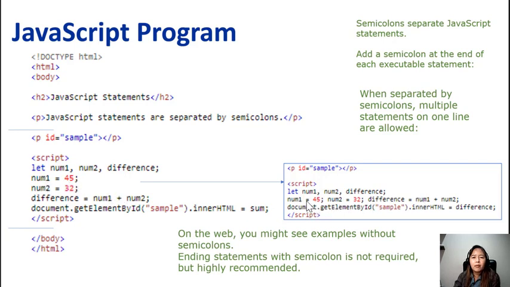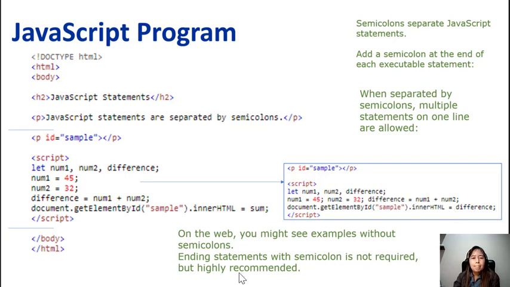So as you can see here, num1 is equal to 45, num2 is equal to 32, difference is equal to num1 plus num2. Well, supposedly that should have been minus, but this is a sum, not the difference. But in any case, all of these three statements are in one line because each of them ends with a semicolon. So as long as they end with a semicolon, putting them in one line is still acceptable in JavaScript. Okay, so it doesn't matter.